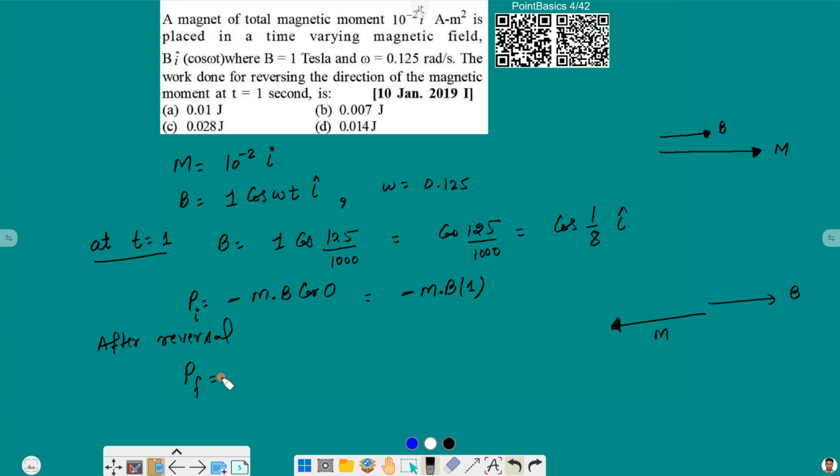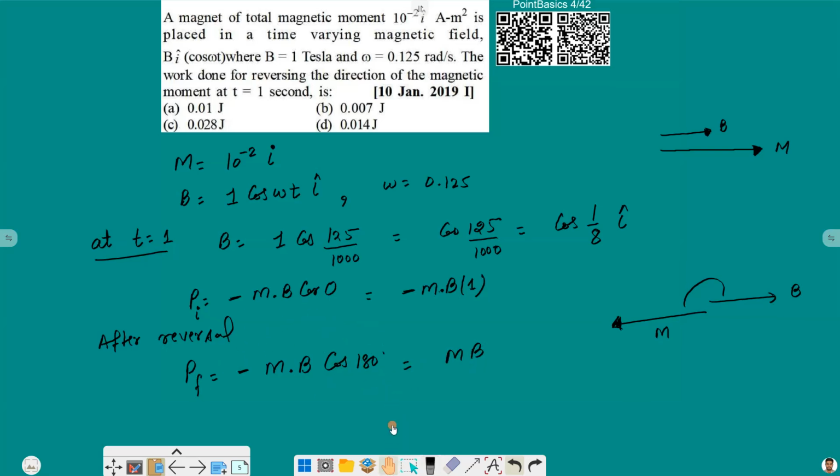Our final potential energy comes out to be minus mB, and time is the same. Again, time is the same, it is t is equal to 1 second. So the value of B will stay the same. And now the angle between both of these two is 180 degrees. So the final potential energy is positive mB, because cos 180 is minus 1, minus minus plus.